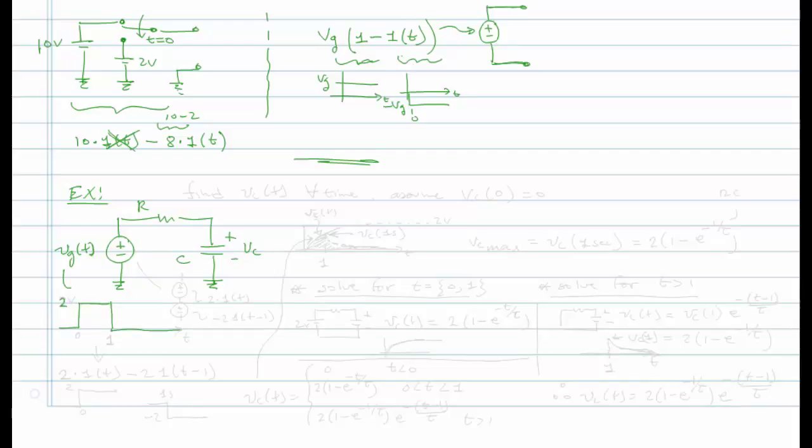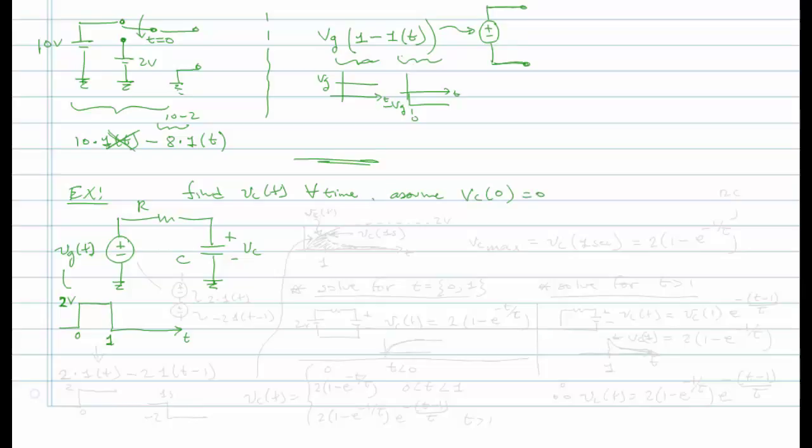Let's say it has an amplitude of 2 volts, and it goes from 0 seconds to 1 second. And we want to find the response. Find Vc of t, okay, for all time, and assume that Vc at time 0 is equal to 0.